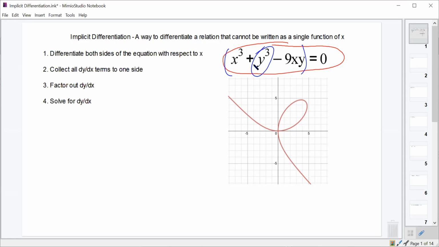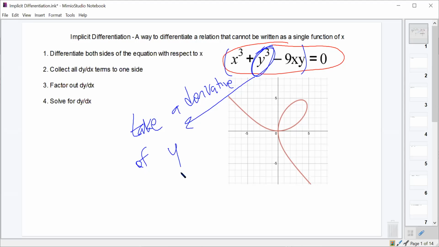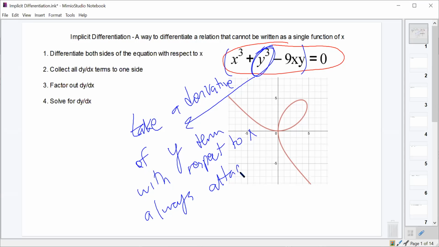So what's going to effectively happen is anytime I take a derivative of a y term with respect to x, you always have to attach a term that is dy/dx to it.